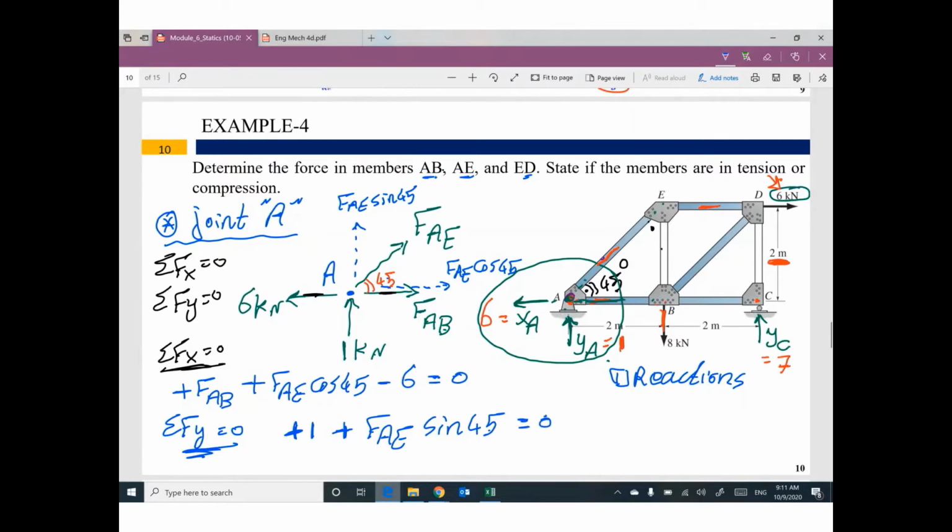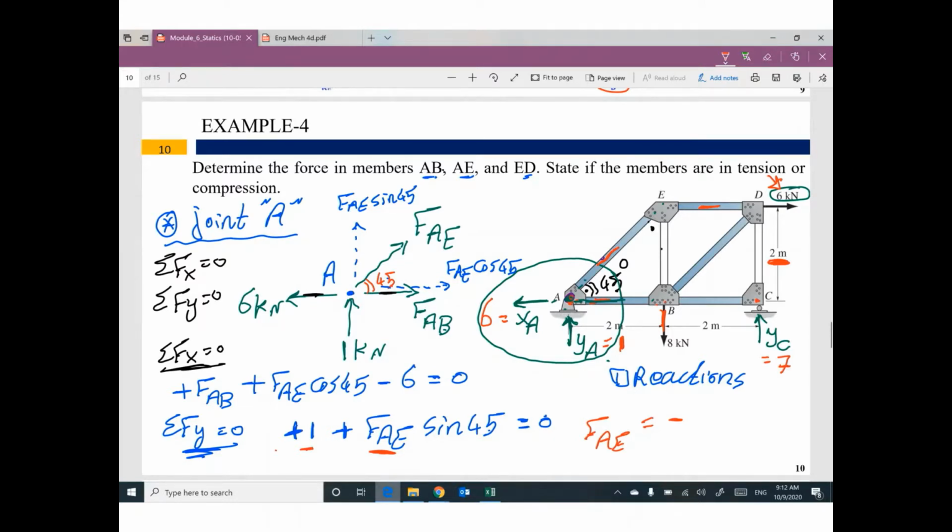From the second equation, the only unknown here is FAE. So I can figure out what is the value of FAE. It will be 1. Make sure you move this one to the other side. It will be negative. So this value will be negative 1 divided by sine 45 degree.